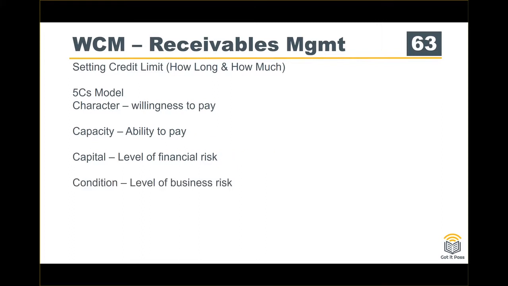And for the condition, it means the level of business risk. Different businesses have different risk, and what does different risk mean to you? It means your debt collection will be affected or not.